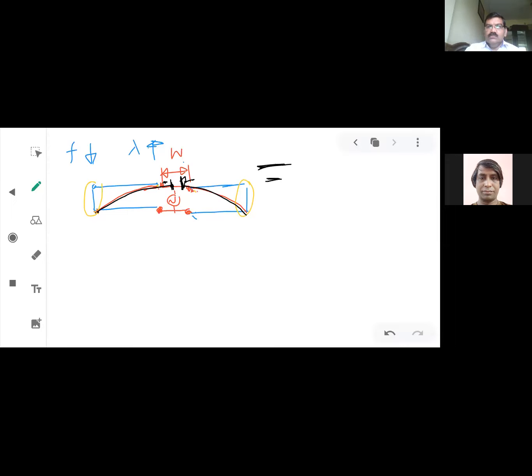So what is going to happen? Since the effective width, which was earlier this much, has now got reduced, the current carrying capability of the strip will get reduced. But the generator is the same, so it must generate the same power.